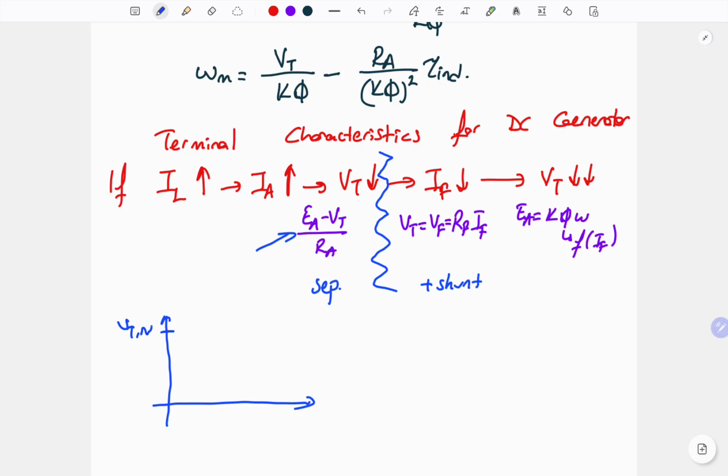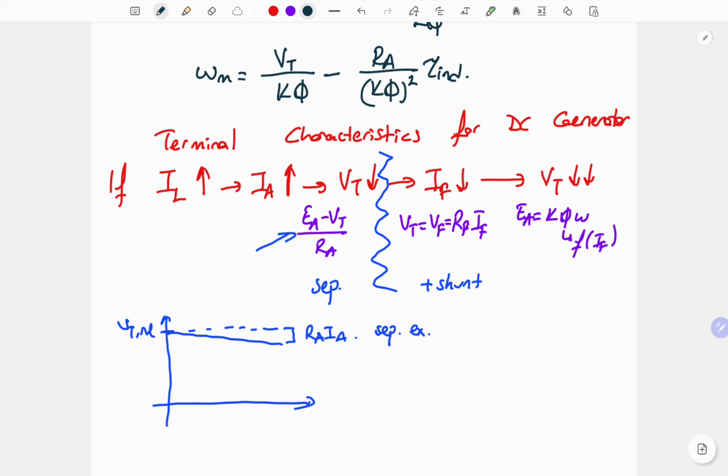It will start from the no load voltage value and it will decrease according to RA times IA. However much you increase IA, with the multiplication of RA, the output voltage will drop if your connection is separately excited.